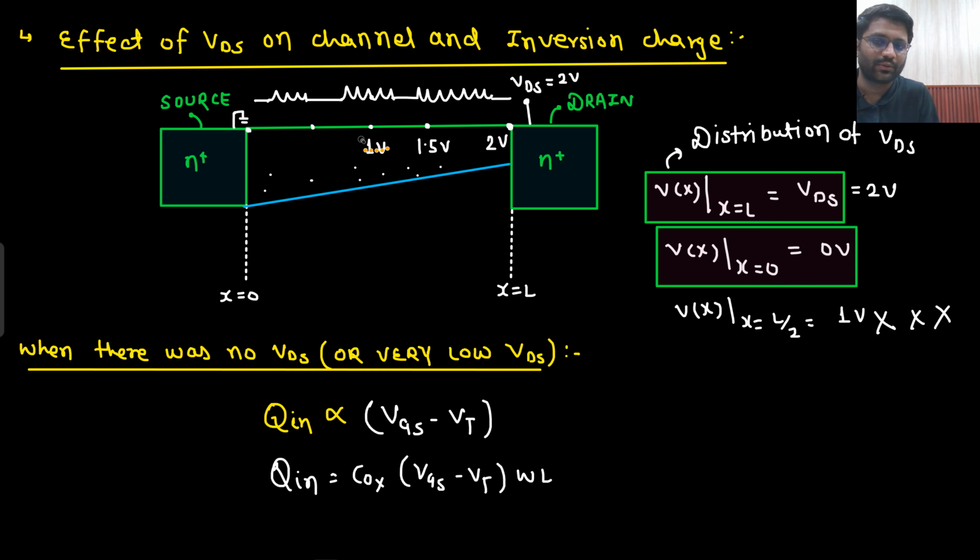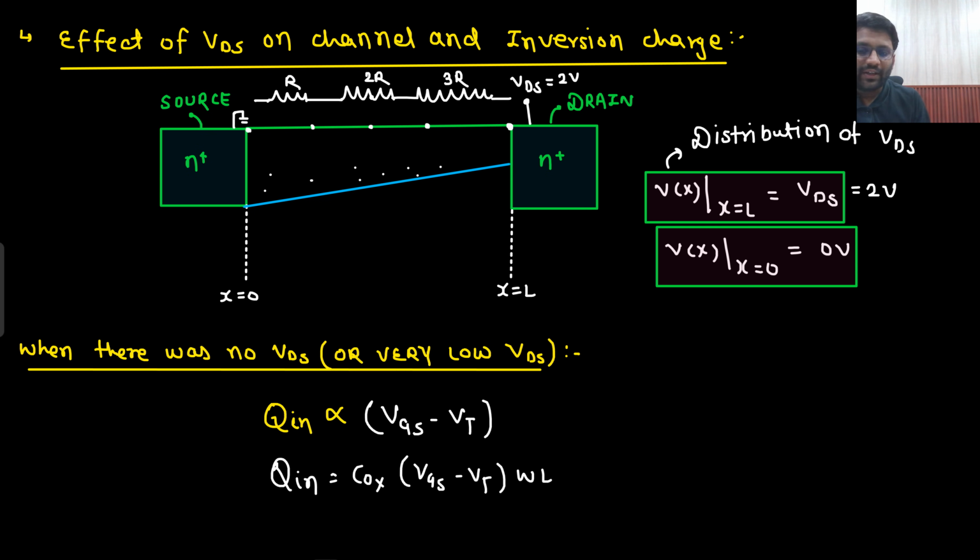Previously, when VDS was low, the resistance was uniform, but now it is not uniform. Here you might have R, then 2R, then 3R, right? Is that understandable to you? Okay, so this is wrong. We cannot write it in this manner. So basically the Vx value has become a function of x. This is what I am saying.